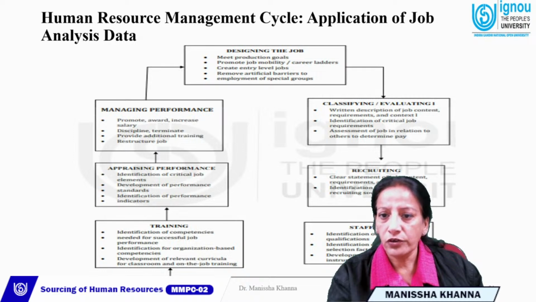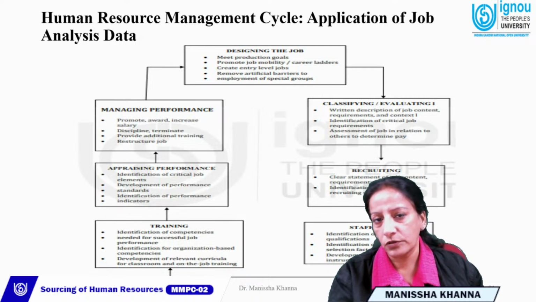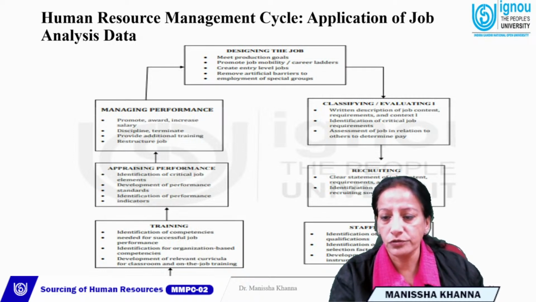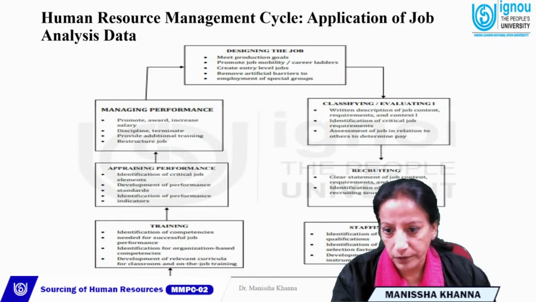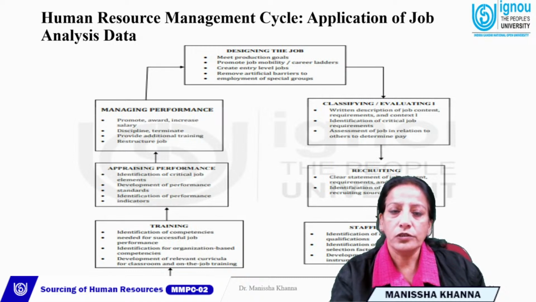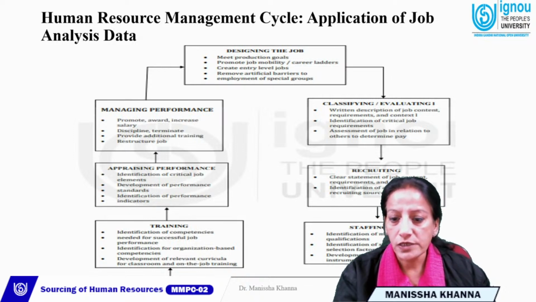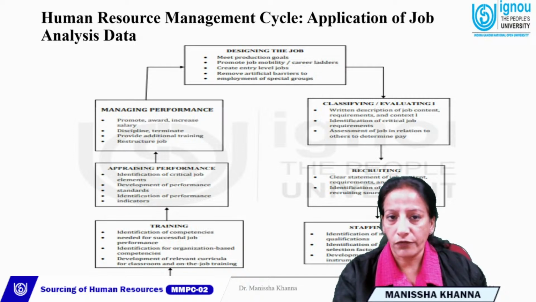After classifying or evaluating the job on the basis of job description or job specification, then it comes to recruitment. Recruitment is all about the clear statement of that particular job content, which is required for a particular task. Then it comes to staffing.